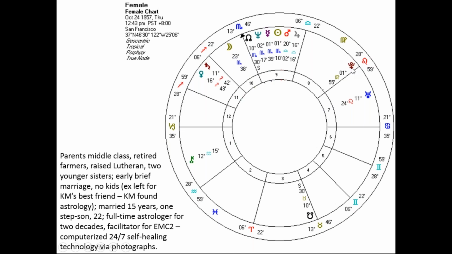The ruler of the North Node sign is Pluto. The ruler of the North Node house is Jupiter over here. So 5 planets in the 9th house. I also have 7 planets either in Sag or the 9th house.